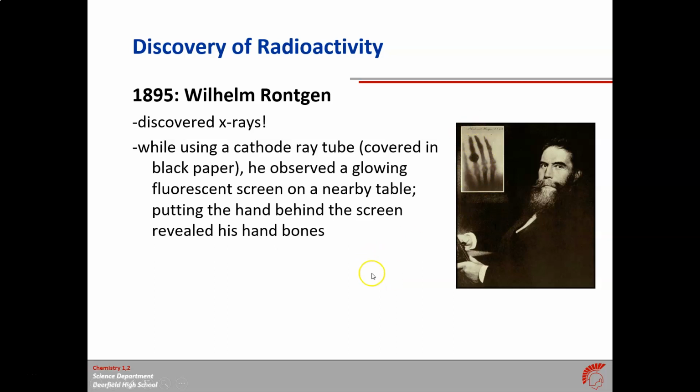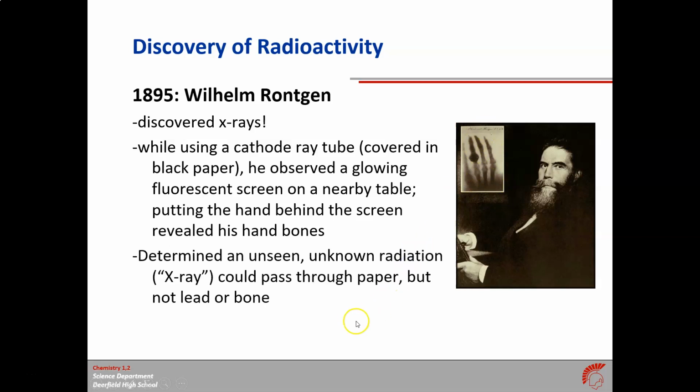You can see that the light part is where the rays are going through easily. The dark part is where the rays didn't really pass through. And so he determined that these were called X-rays and could pass through paper easily, but could not pass through lead and bone very easily.